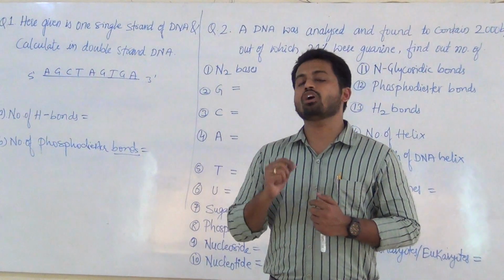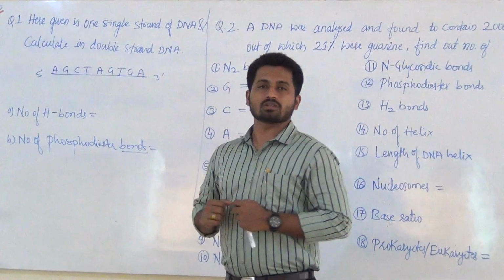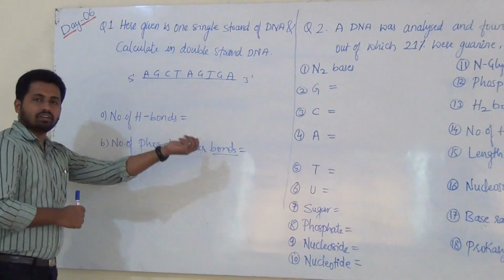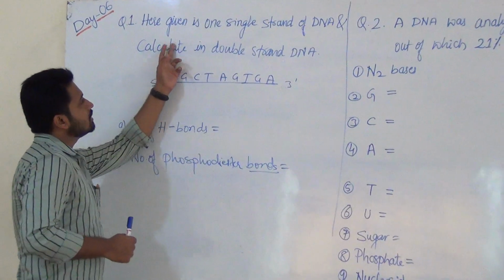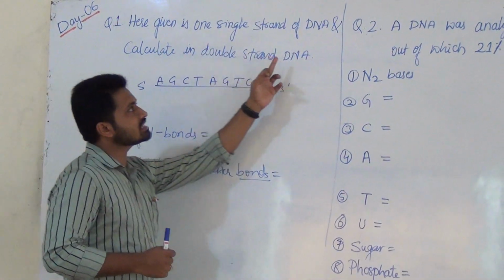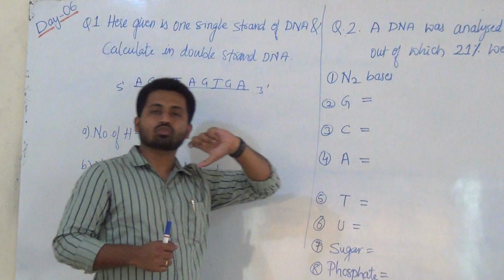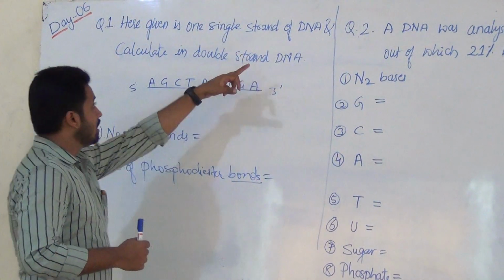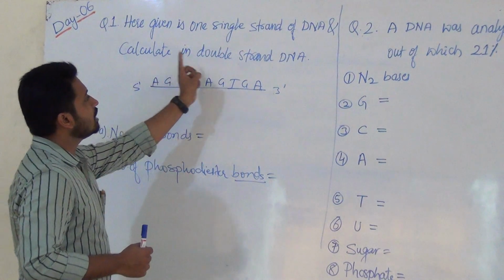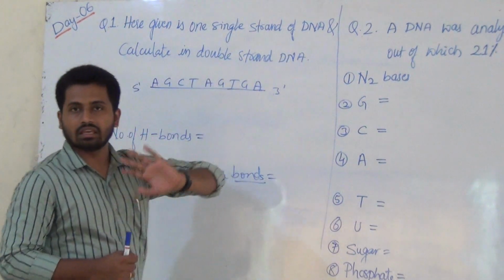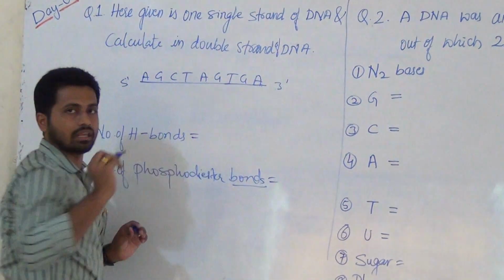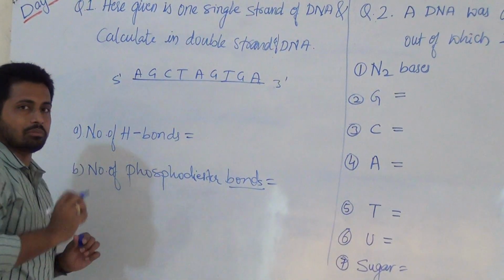So first, a normal question is given here, just concentrate here. Here given is one single strand of DNA, and we have to calculate, in the double strand of DNA, two things. Understand the question first.